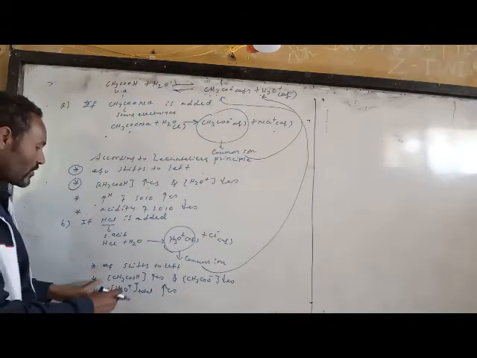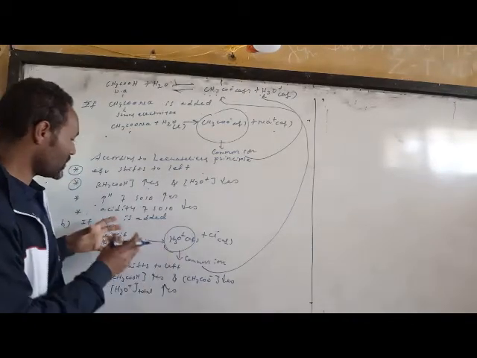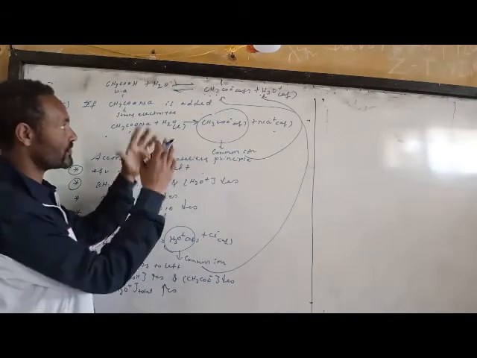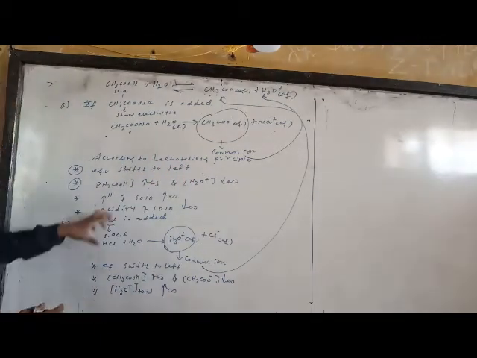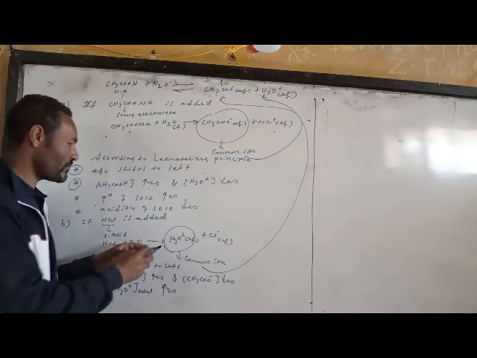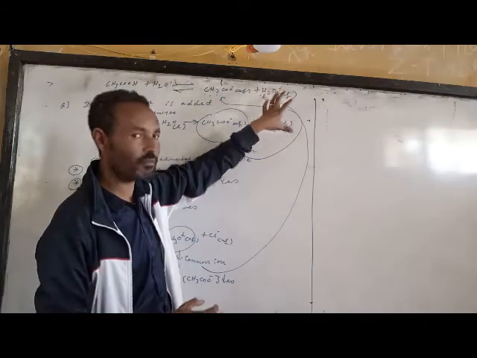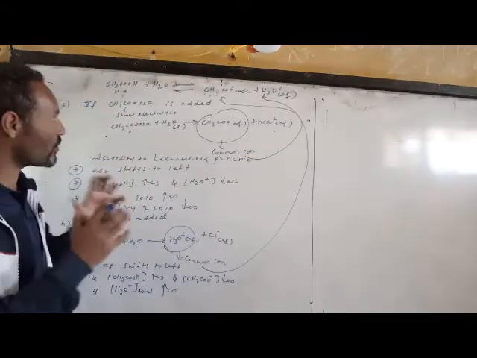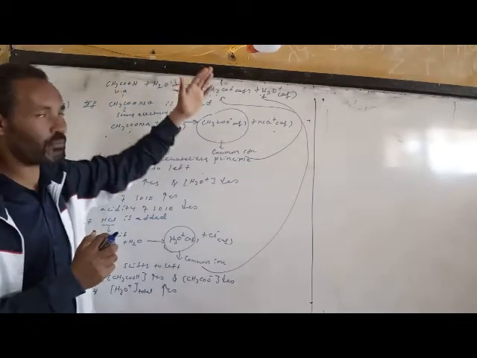And the concentration of hydronium in general increases because more of the hydronium is now contributed by this hydrochloric acid. Since this is a strong acid, it can produce a large amount of hydronium ion. So the total concentration of hydronium ion increases as compared to the original reaction.